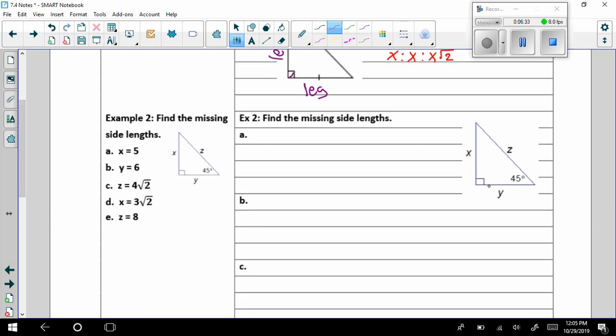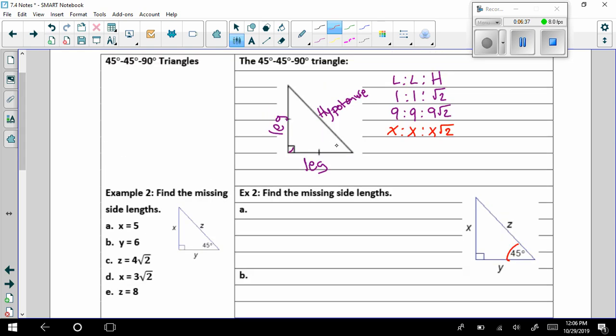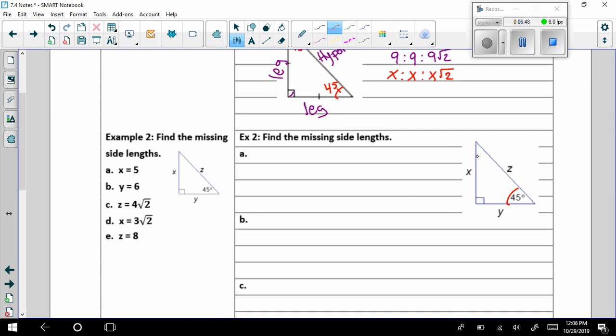So using that to find missing side lengths, if we see this is 45, again, if this is isosceles, this would be 45, and this is 45. So if we see that one is 45 by our base angle theorem, this is automatically 45. So we know that x and y are the same.